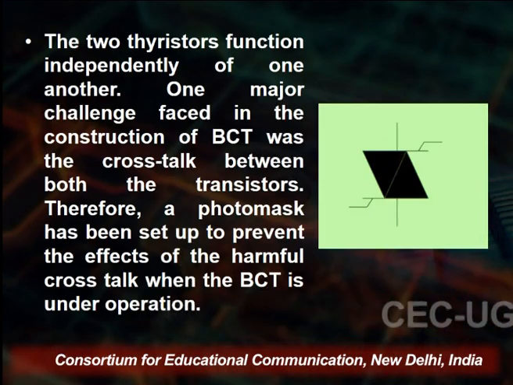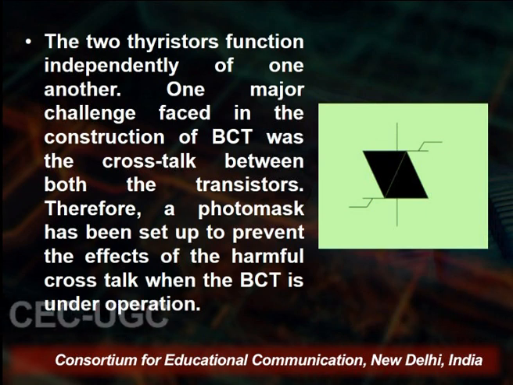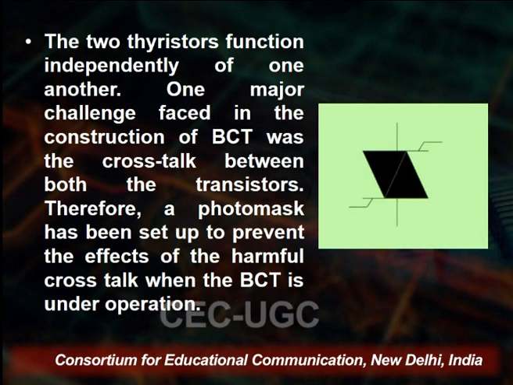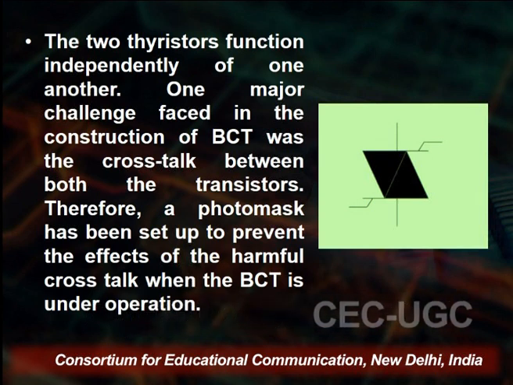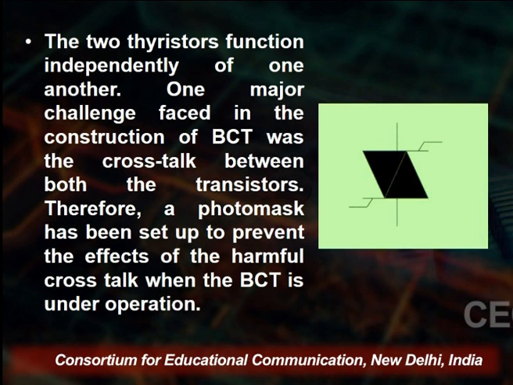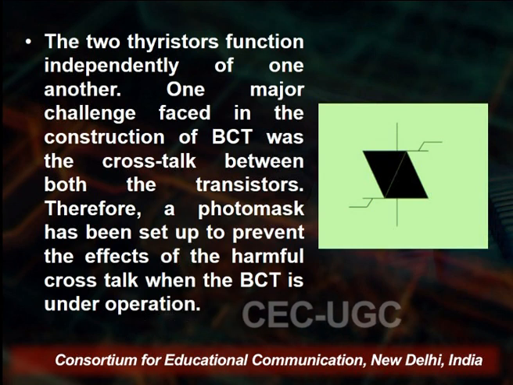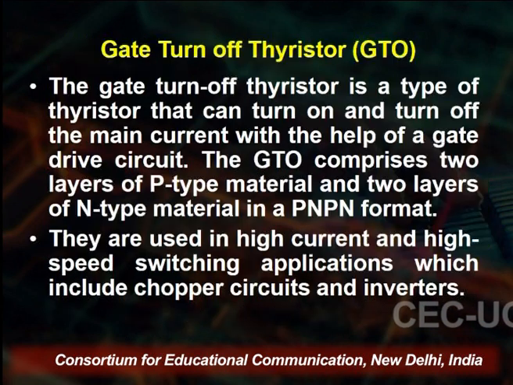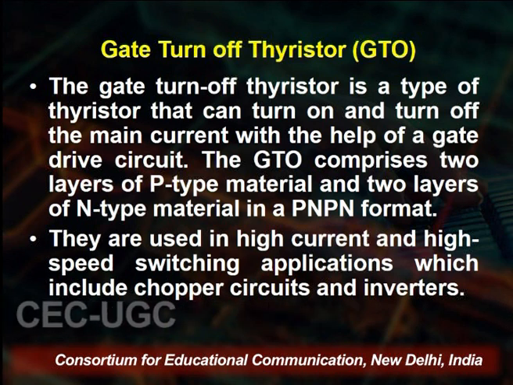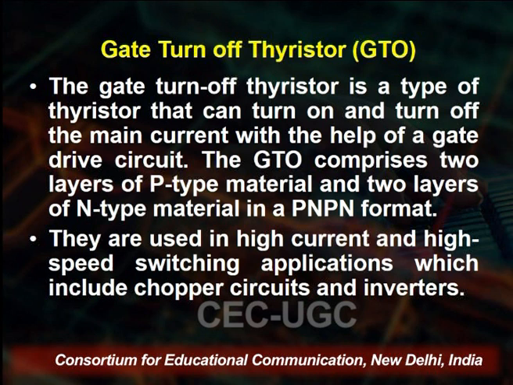Now, one major challenge faced in the construction of the BCT was the crosstalk between the two thyristors. Therefore, a photo mask has been set up to prevent the harmful crosstalk when the BCT is under operation.